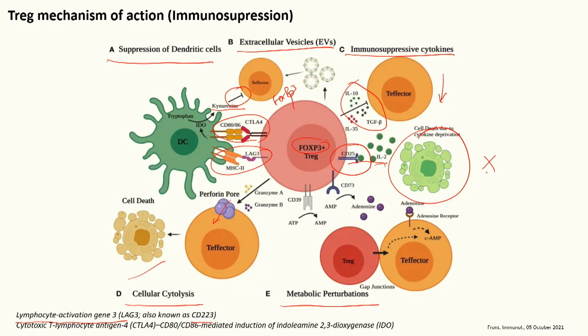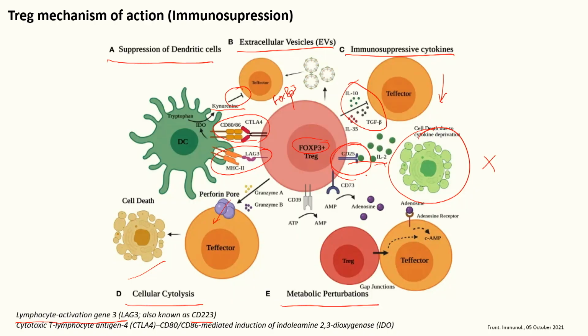They can engulf all the IL-2 through their receptor CD25, and therefore there is no IL-2 available for proliferation. We have understood that IL-2 is a very specific cytokine involved in the proliferation of T cells and B cells. So there could be cytokine starvation which can lead to cell death.